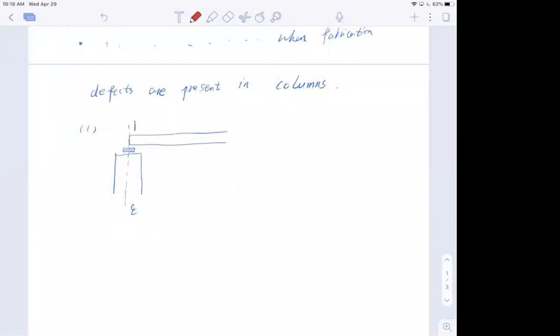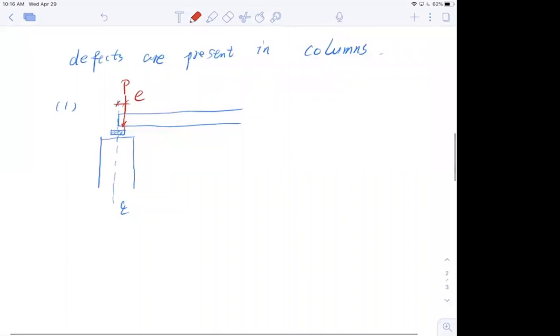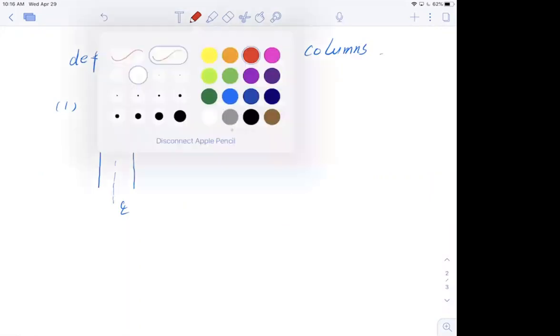And my actual force is right here. So I will end up with an eccentricity when my force is applied to the column. That happens a lot in reality. You will never be able to precisely place your beam on top of the column. And this is one scenario.